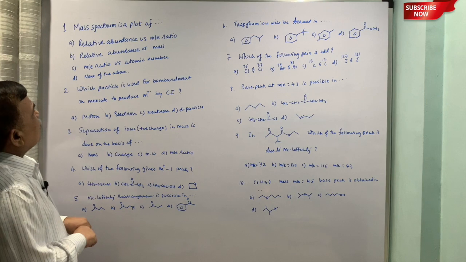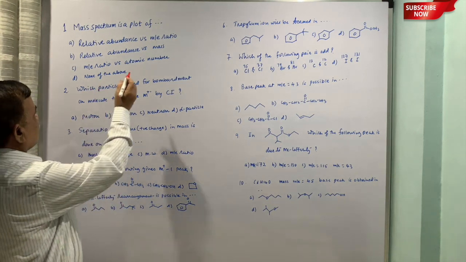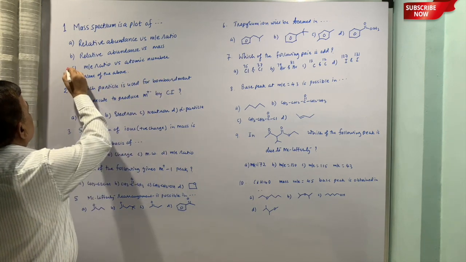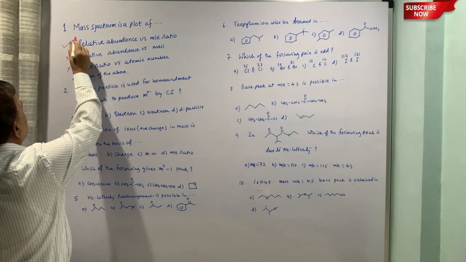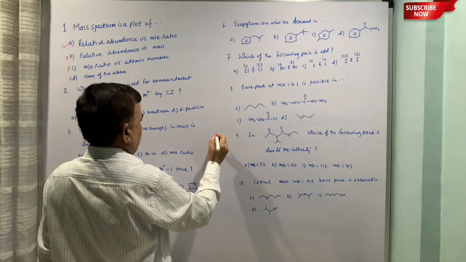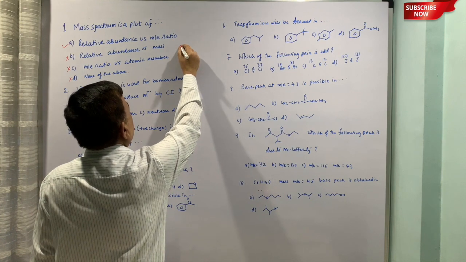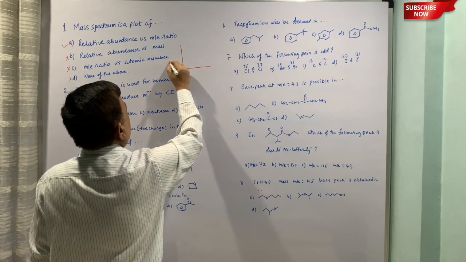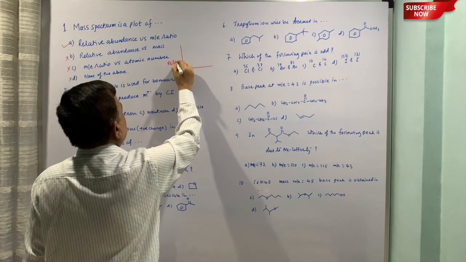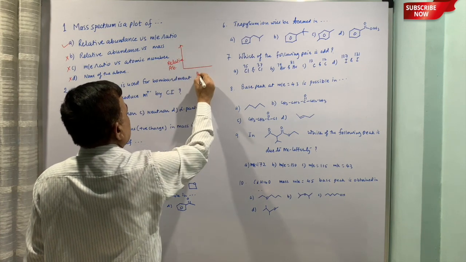MCQ: a mass spectrum is a plot of relative abundance versus M/E ratio, relative abundance versus mass to charge ratio, or versus atomic number. So these two are wrong, this is correct. When we plot the spectrum, it is relative abundance versus mass to charge ratio.